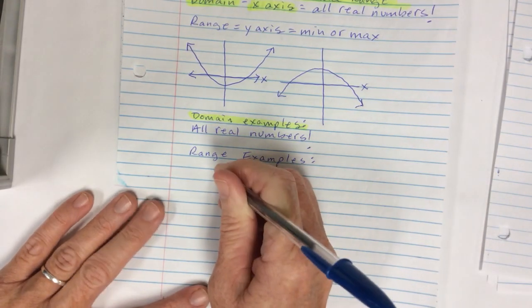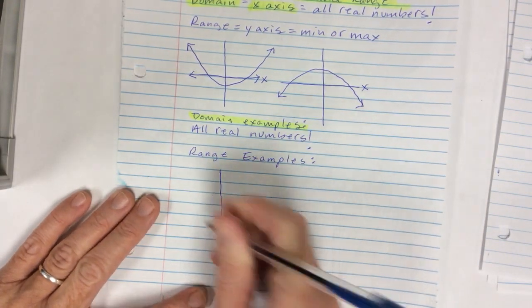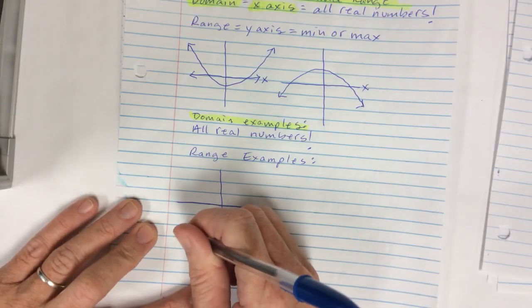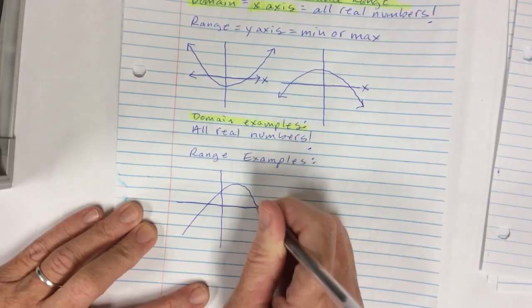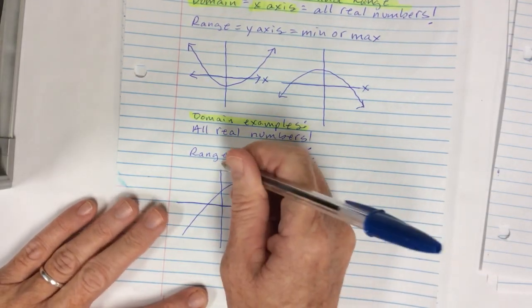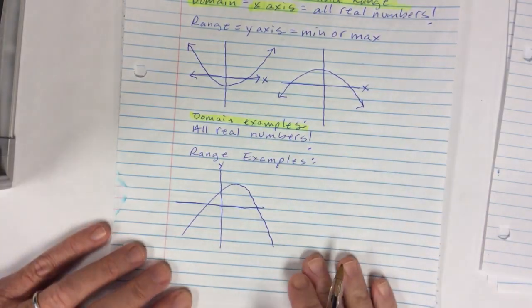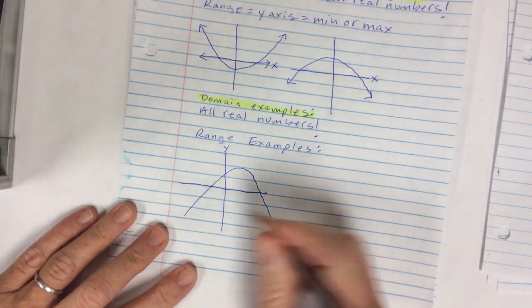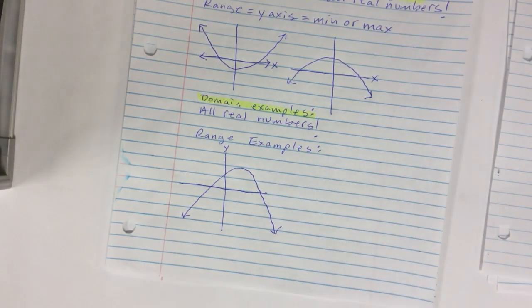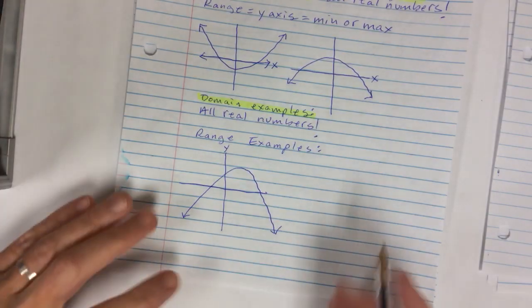Okay, so here's a graph. Let's say the parabola is up like this, and then it goes back down. So we know the range is the y-axis. And we know since this is opening down, because we already did this, it's going to have a maximum.